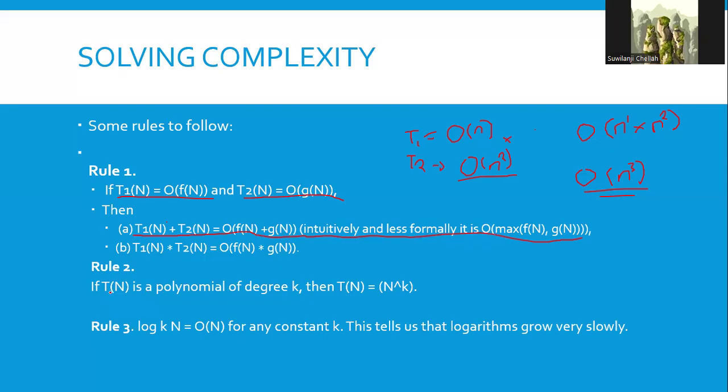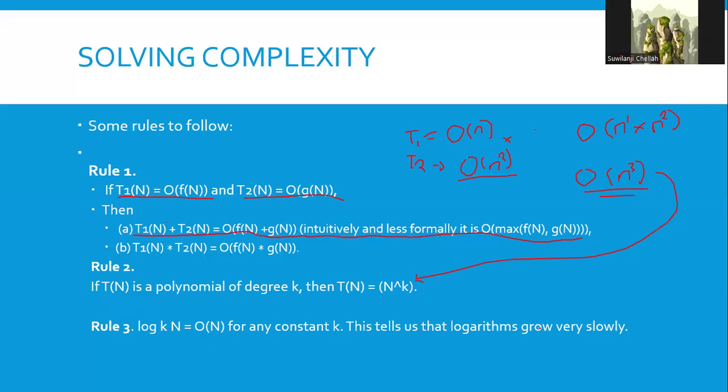So if T(n) is a polynomial of degree k, then the time complexity is of that polynomial. It's the same as rule 1b, so you just multiply by the time complexity there. Okay, so rule 3 says that log k of n is equal to 0 for any constant k. So k is a constant value, right?